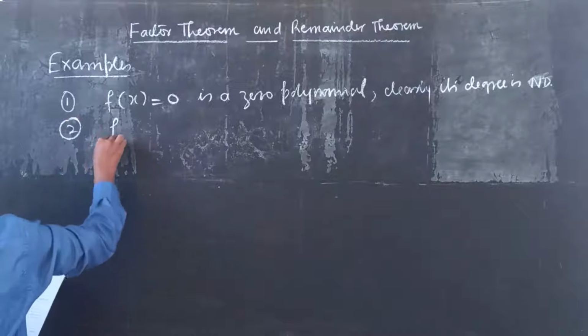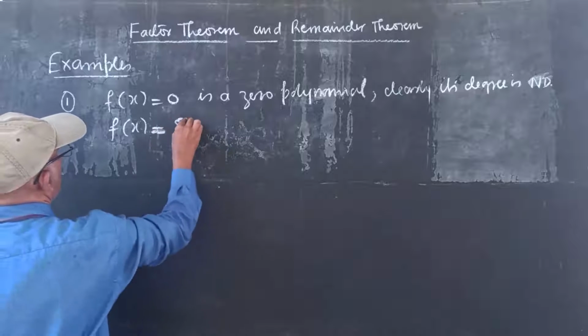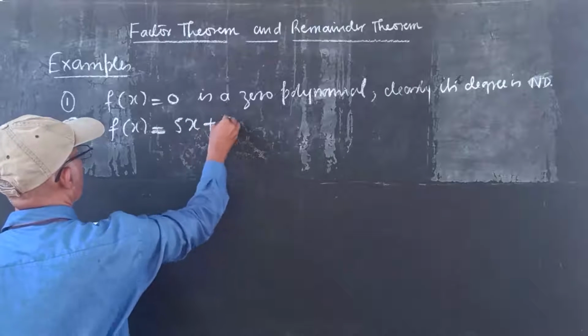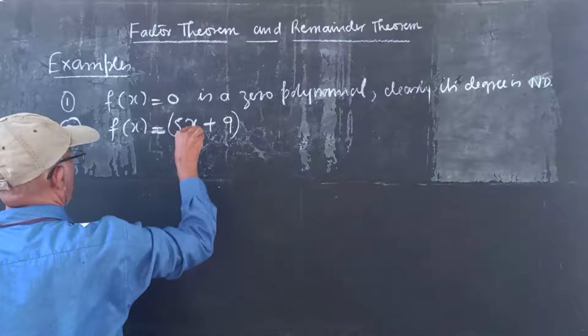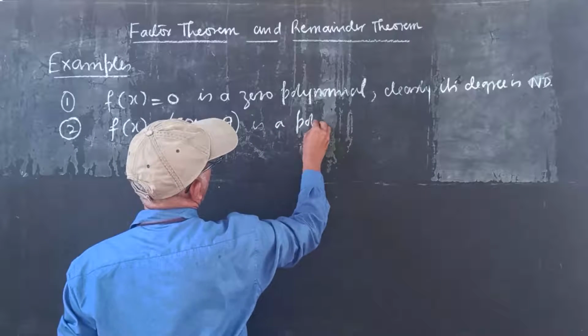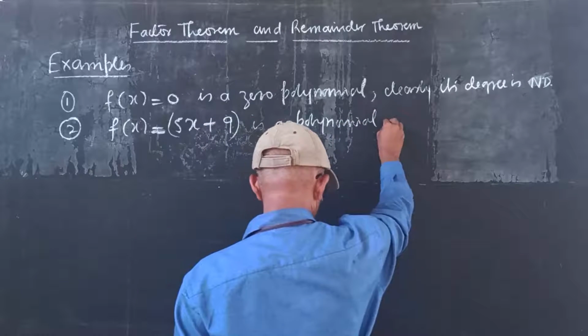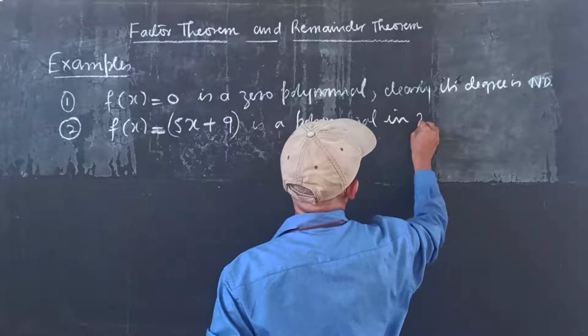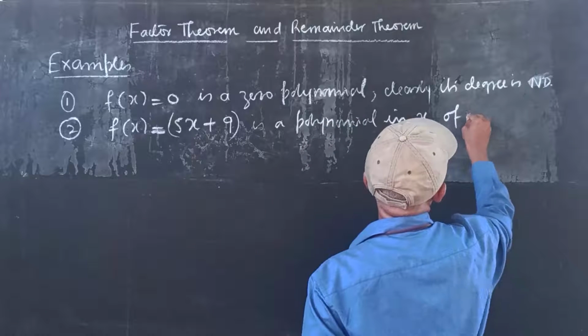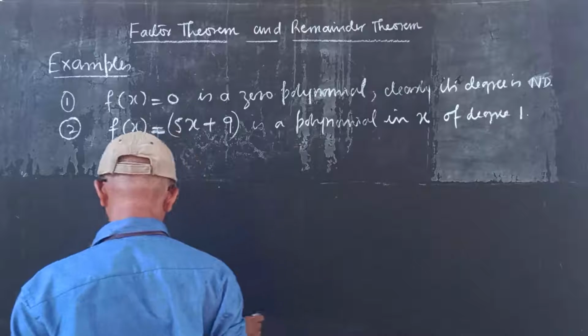Second one, f(x) is equal to 5x plus 9, is a polynomial in x of degree 1.